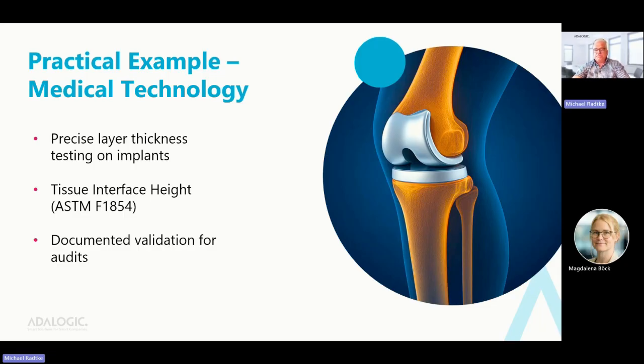If it's too smooth, no bone ingrowth. If the porosity is too high, you have a loss of mechanical stability. In these cases, OptiMa provides automatic segmentation of pore regions, the porosity in percent, the layer thickness, and the tissue interface height.